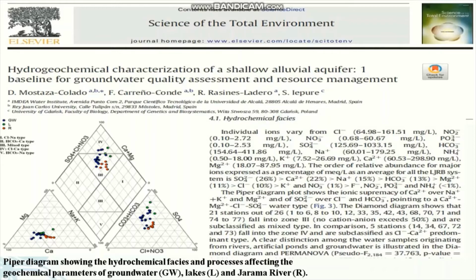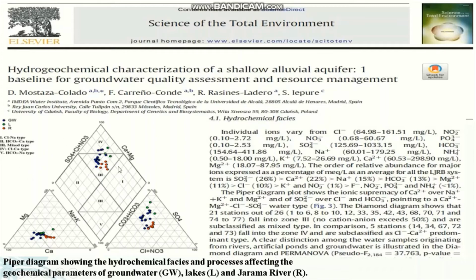Now here if we look in this diagram, they have given 5 different zones which signify different zones. Here one signifies Cl and Na type, 2 is HCO3 and Ca type, on the opposite side. Likewise they have differentiated different zones.